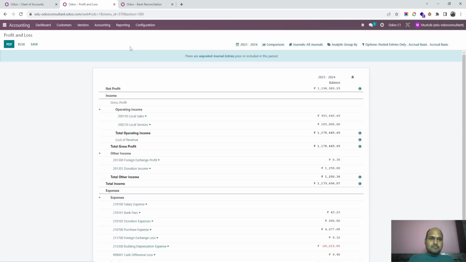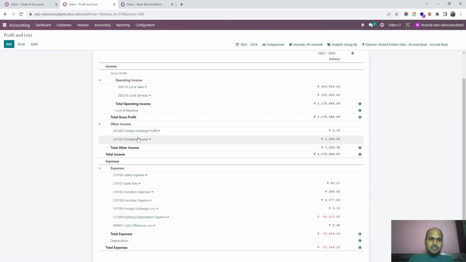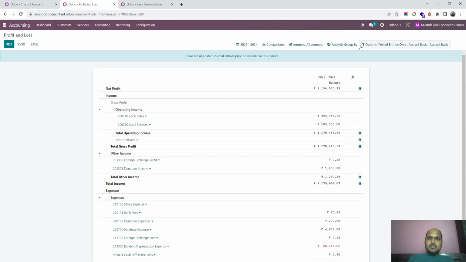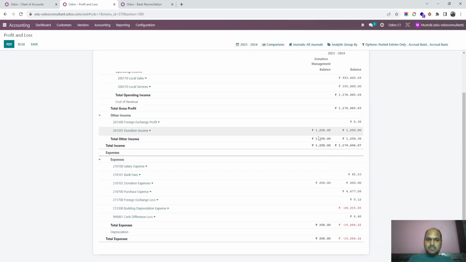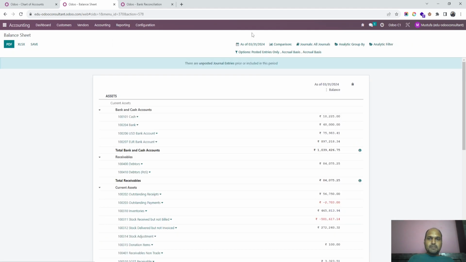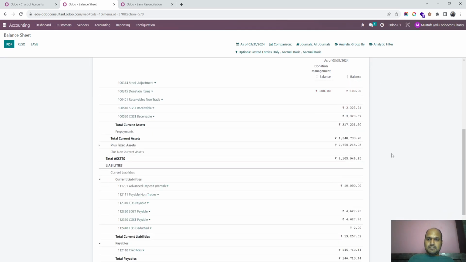In counterpart, I will go to my donation income, which is 1250, and the purchase expense, like donation expense, is 200, which has been registered. We have also created one analytic account for donation management, which will show my total donation income and total expenses in my P&L. In my balance sheet also, I can see analytic group by and donation management, which will create a filter.